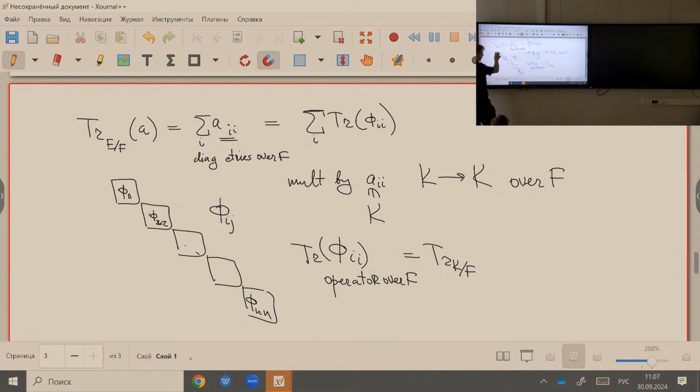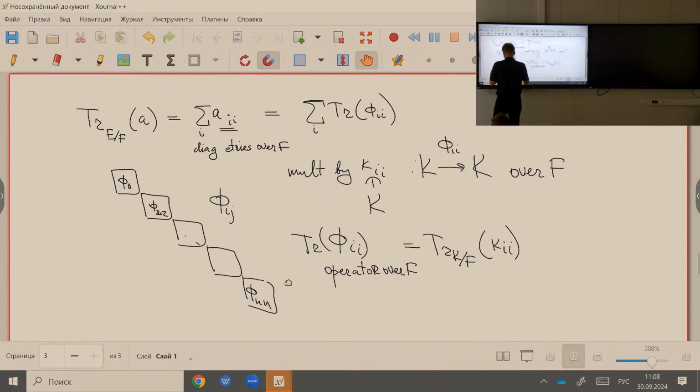If you are thinking of multiplication by k_ii over the basis, here it is the F_ii matrix over F, and you simply know that the trace is just this trace.